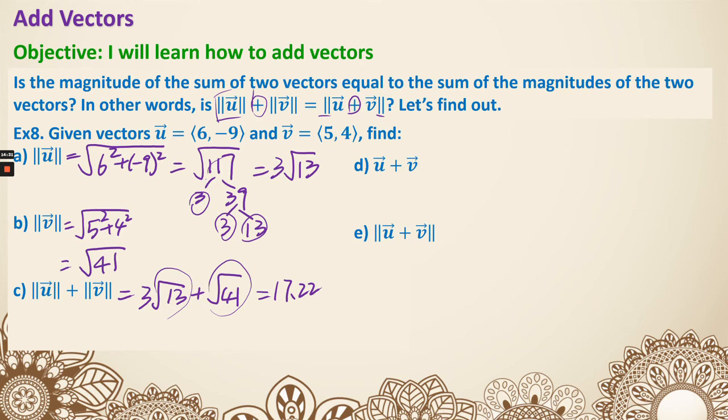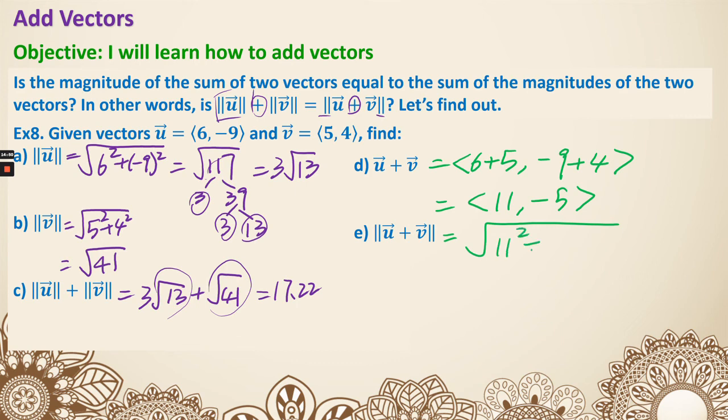Then question D is what we just talked about. We are going to add the horizontal components 6 plus 5 and the vertical components negative 9 plus 4. That's going to give us 11 and negative 5. So lastly, for E, we are going to calculate the magnitude: 11 squared plus negative 5 squared. Make sure you put negative 5 inside parentheses.